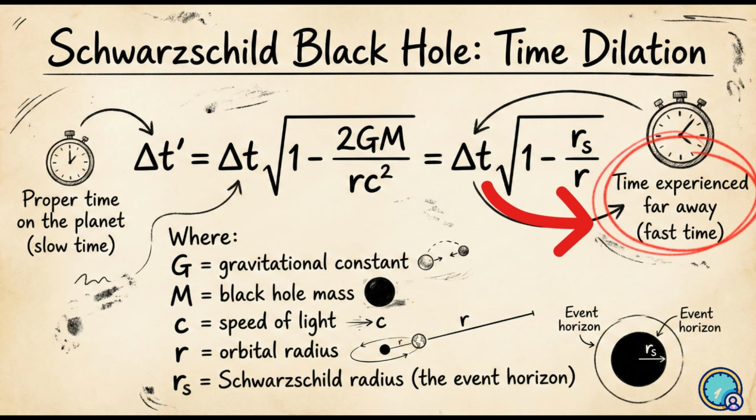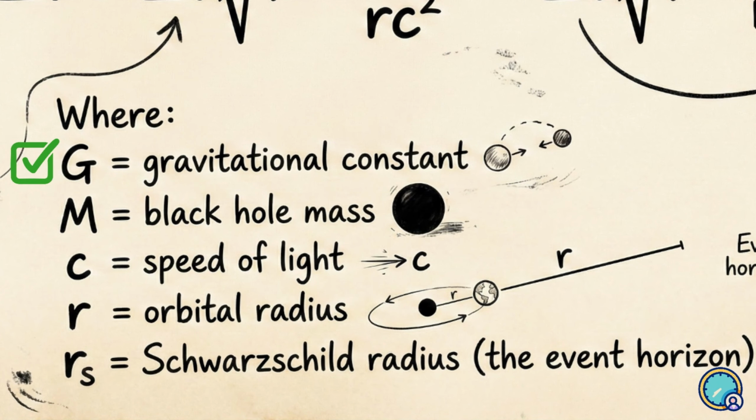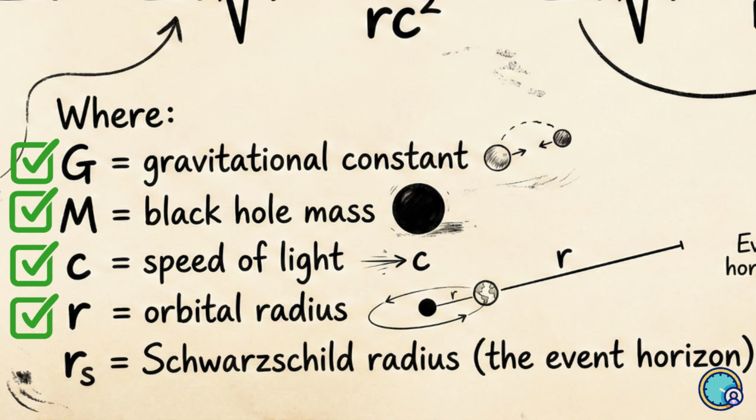Δt is the time experienced far away, the fast time. G is the gravitational constant, M is the black hole mass, c is the speed of light, r is the orbital radius, and rs is the Schwarzschild radius, the event horizon.